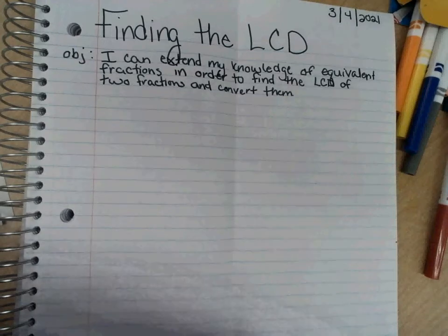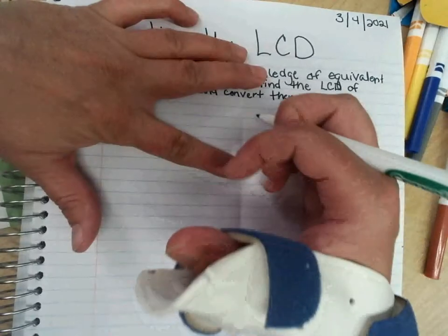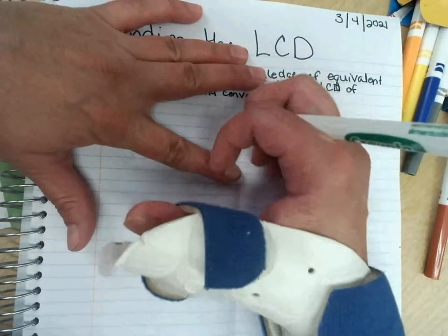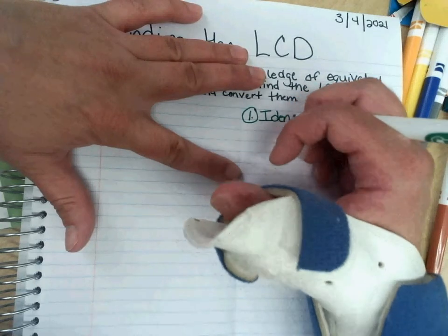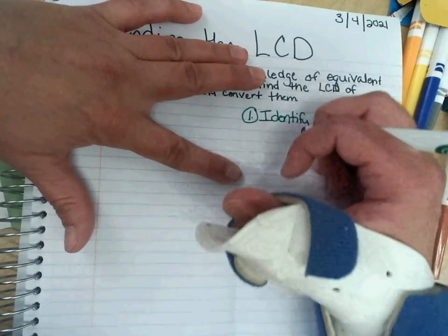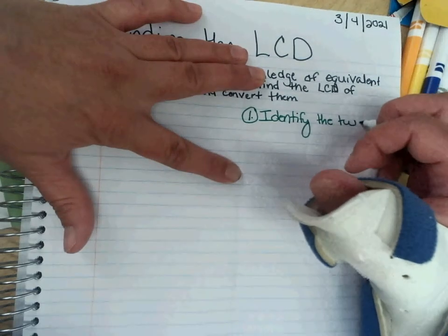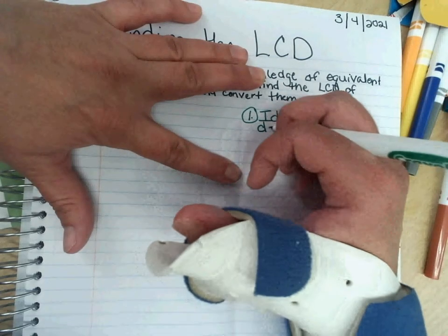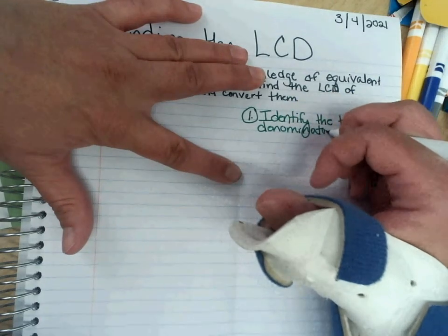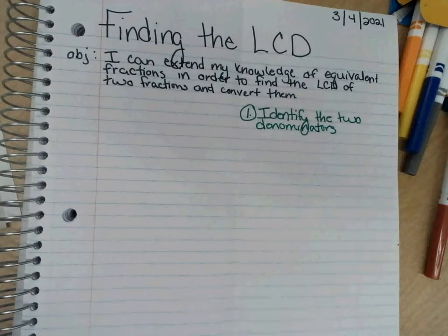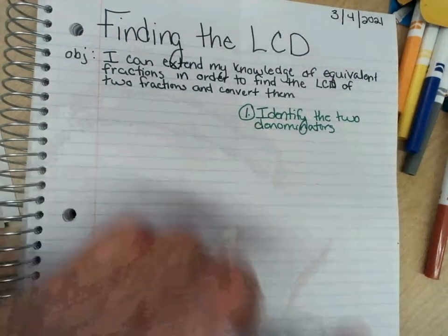Maybe if I can get my hands to work, I apologize. So step one is to identify the two denominators. Step one is to identify the two denominators, and that is an E after the D there.